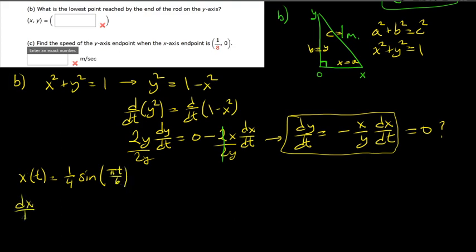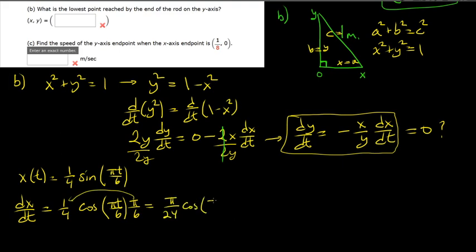We know the derivative of x will be 1/4 times the cosine of pi t over 6. And then by the chain rule, the derivative of pi t over 6 is pi over 6. So let's pull that in front, and this will be pi over 24 times the cosine of pi t over 6. Okay, so that's the derivative of x.